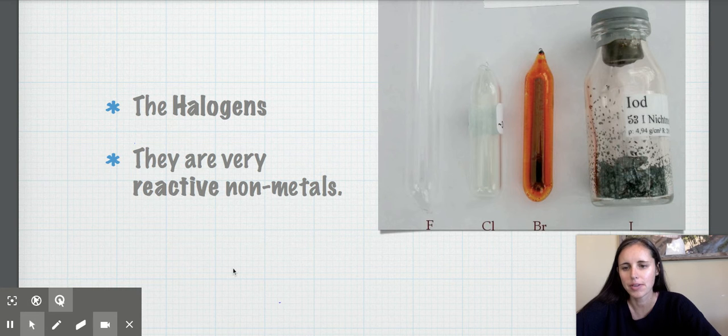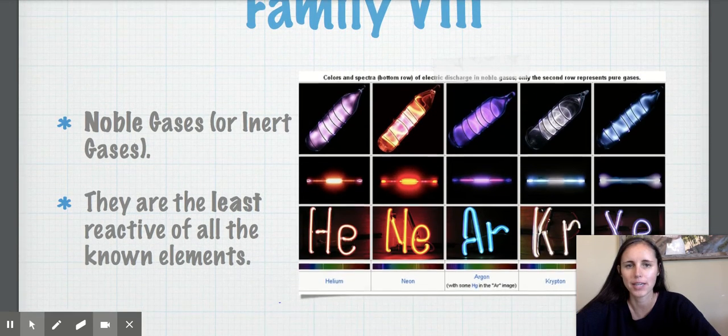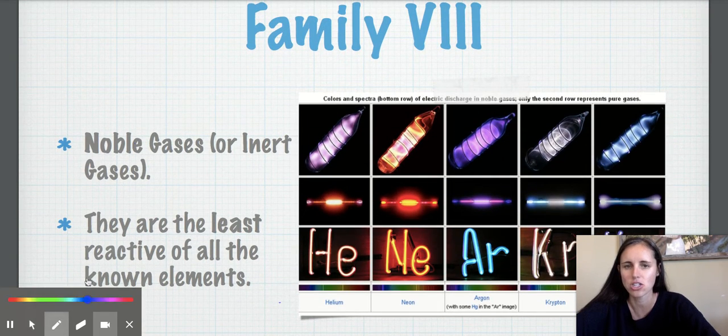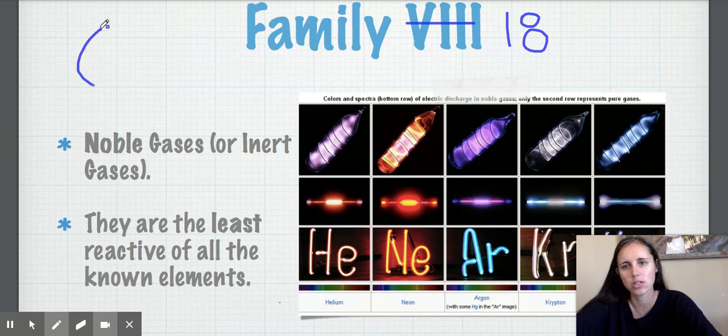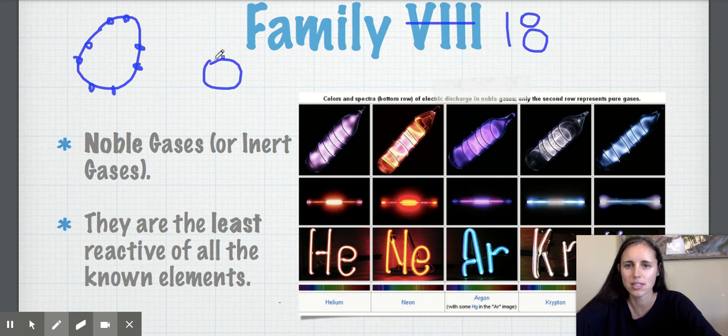Our last family that we talk about is our noble gases. Our noble gases are group 18 in the periodic table. We also call them inert gases. The reason that they're called inert is because if you look at their valence electrons, all inert or noble gases have 8 valence electrons, with the exception of helium, which only has 2 valence electrons.